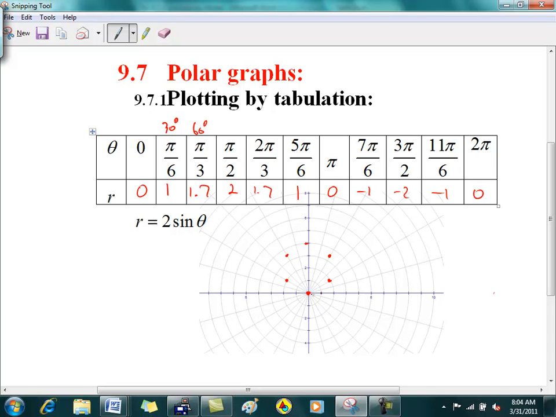So you can see that essentially these points are not really worth anything, because your graph just comes around like this. Like that.